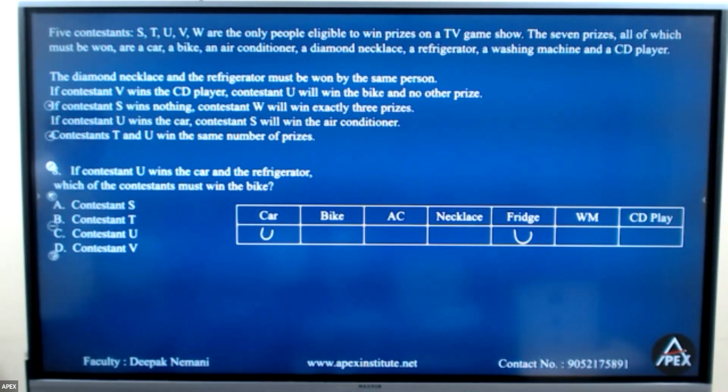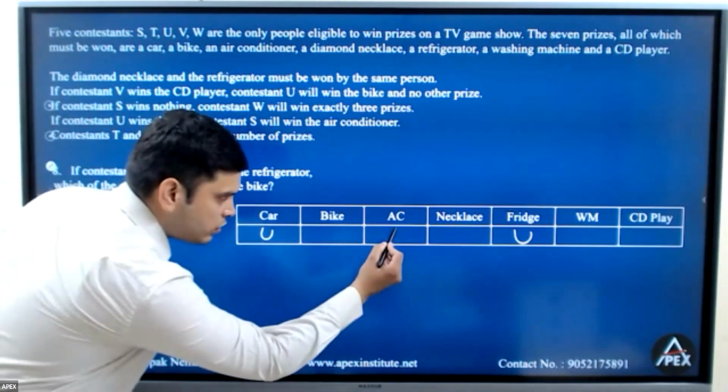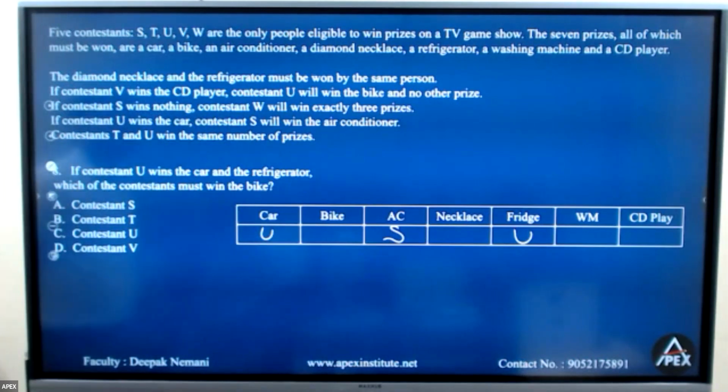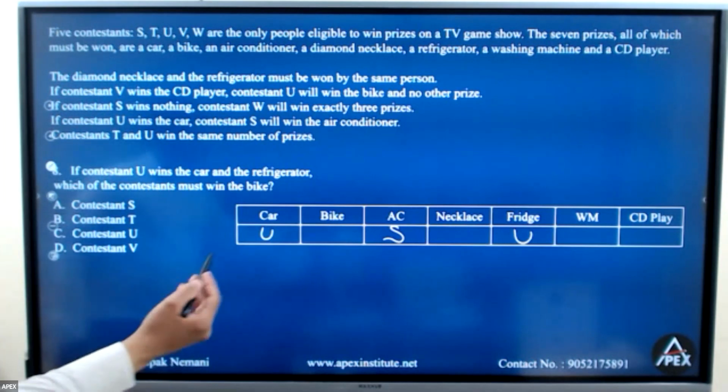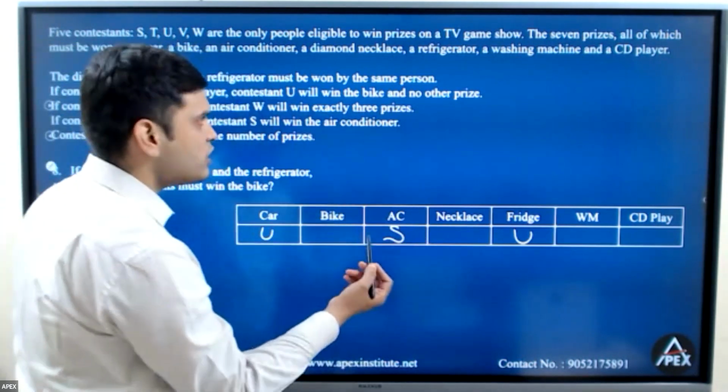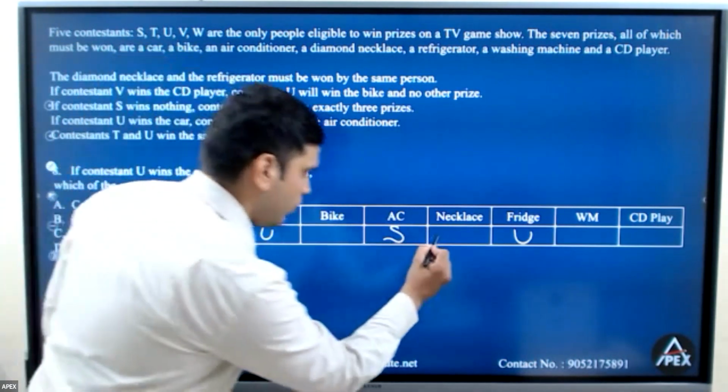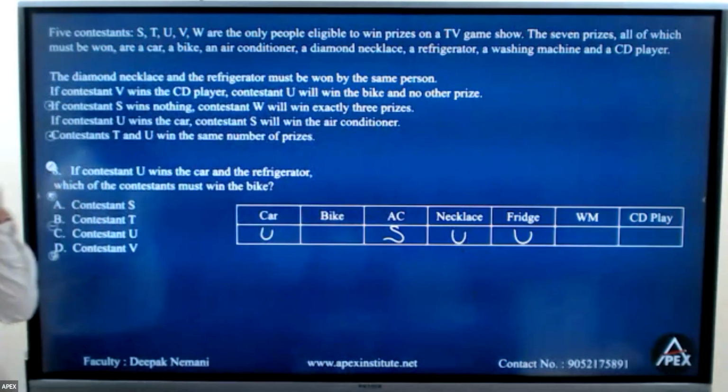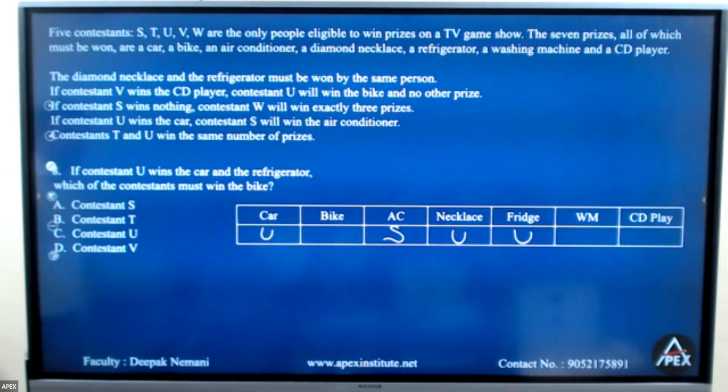Okay. Now U won the car. What are the definite possibilities? S will win the air conditioner. The diamond necklace and the refrigerator must be won by the same person. Then U has won 3 prizes.